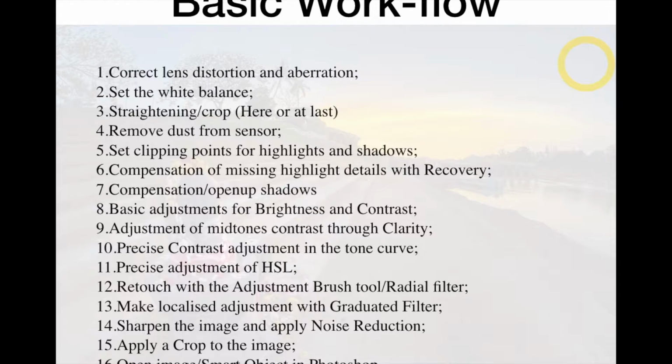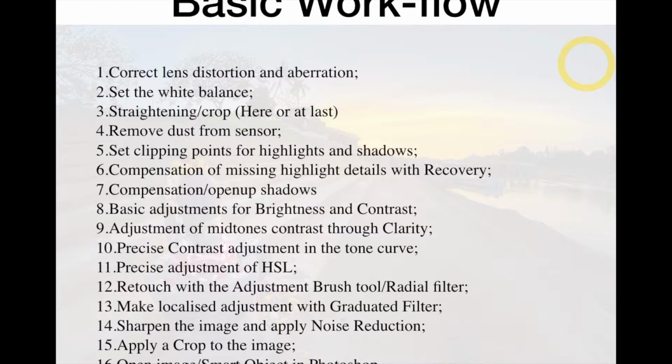So the first thing, obviously, is lens correction or distortion, or removing the chromatic aberration, and then we will set our white balance. We can straighten or crop our images before starting the workflow, or we can do this step at the last of the processing. Then we can remove the dust from the sensor if it's there.